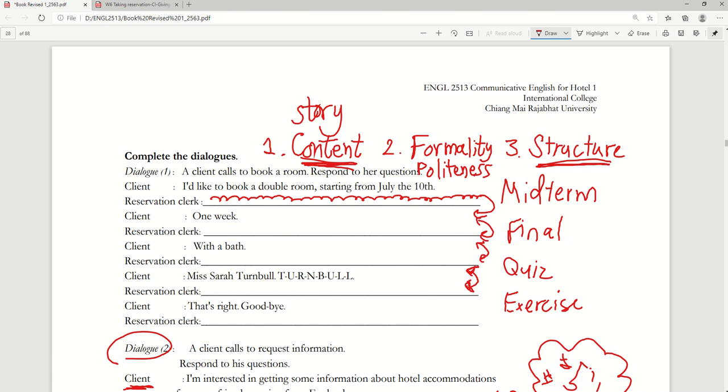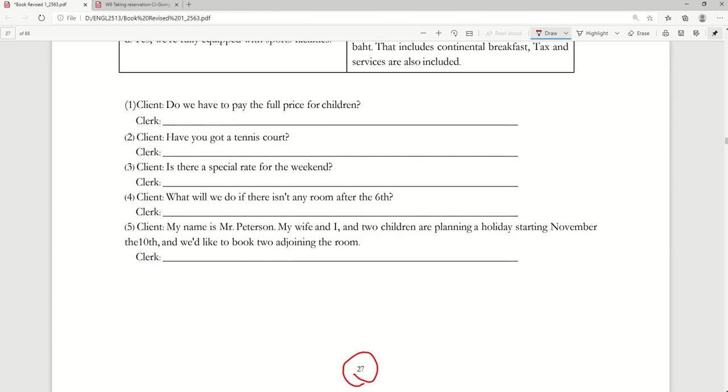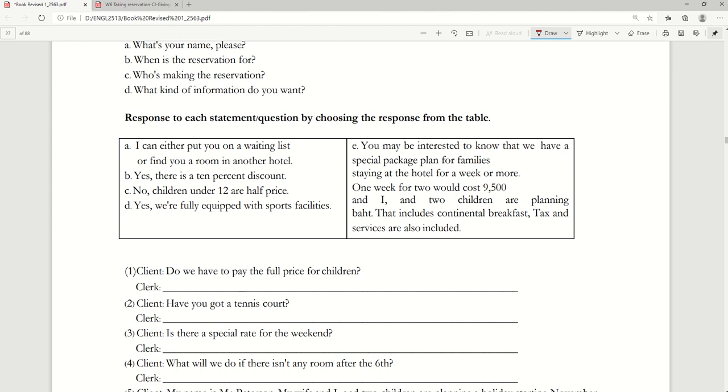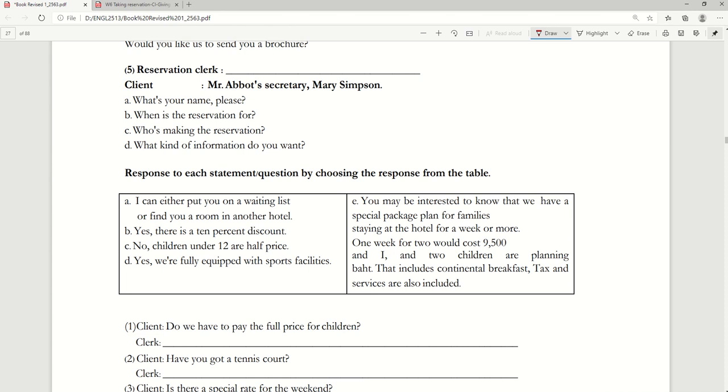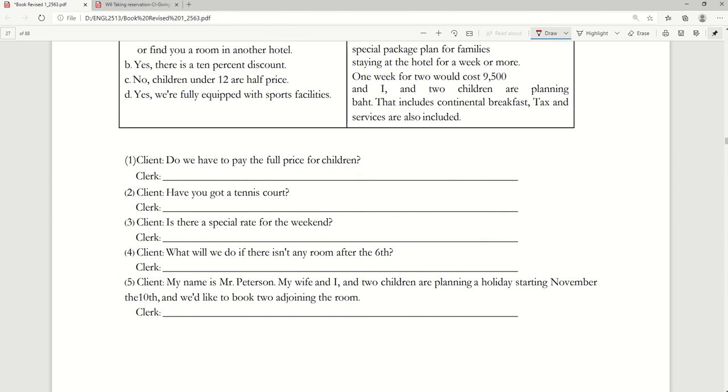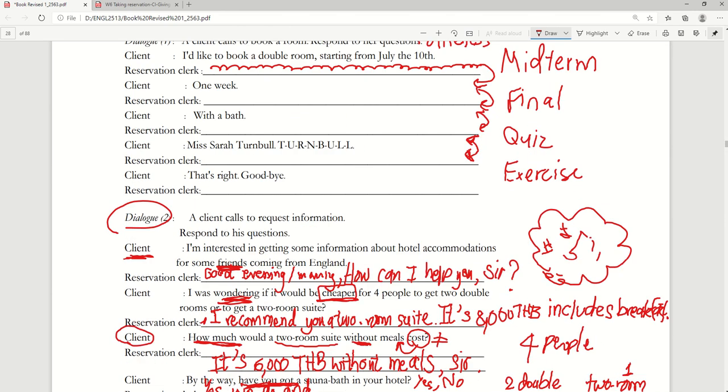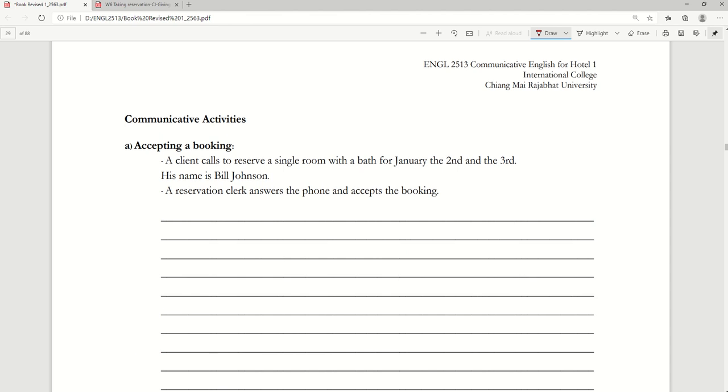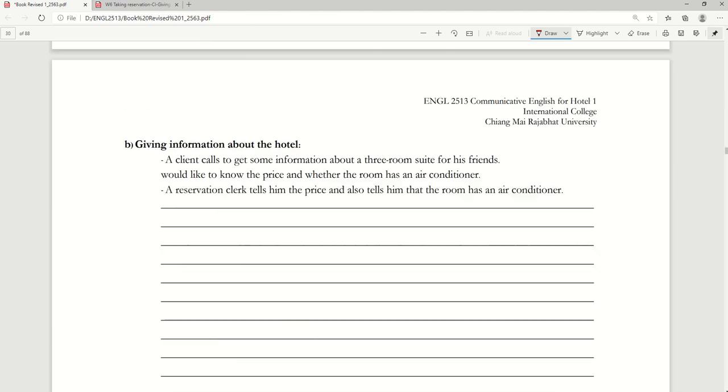And how can you create or make a sentence? Read, read, and read. From where? From here, some examples from exercises and also from the end of the chapter of the unit here.